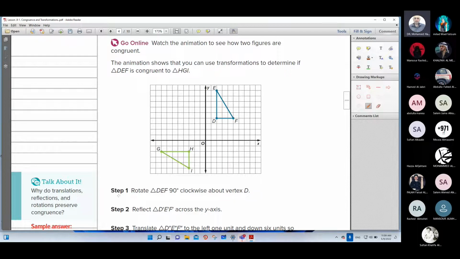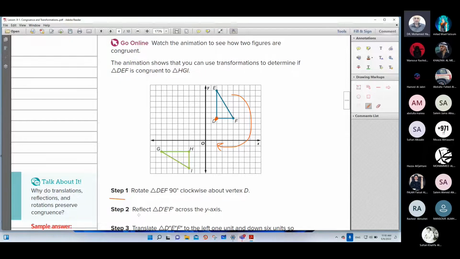The first step: rotate triangle DEF 90 degrees clockwise about vertex D. This is the center of the rotation, clockwise from left to the right, and the degree will be 90.